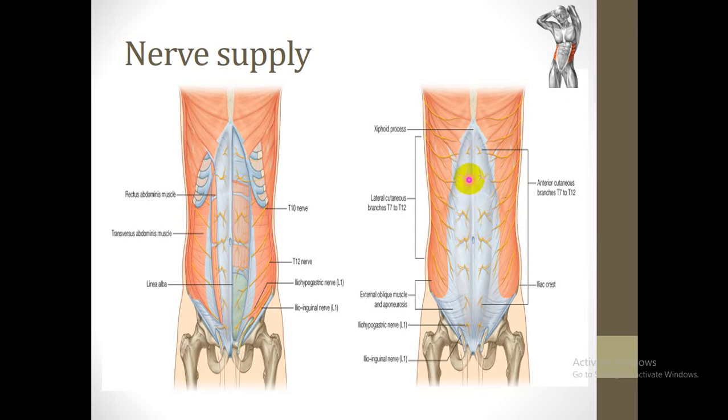And the three nerves that supply the anterior abdominal wall below the umbilicus are T11, T12 and L1. So the umbilical region is supplied by the T10 dermatome. The level of the umbilicus always refers to the T10 dermatome.